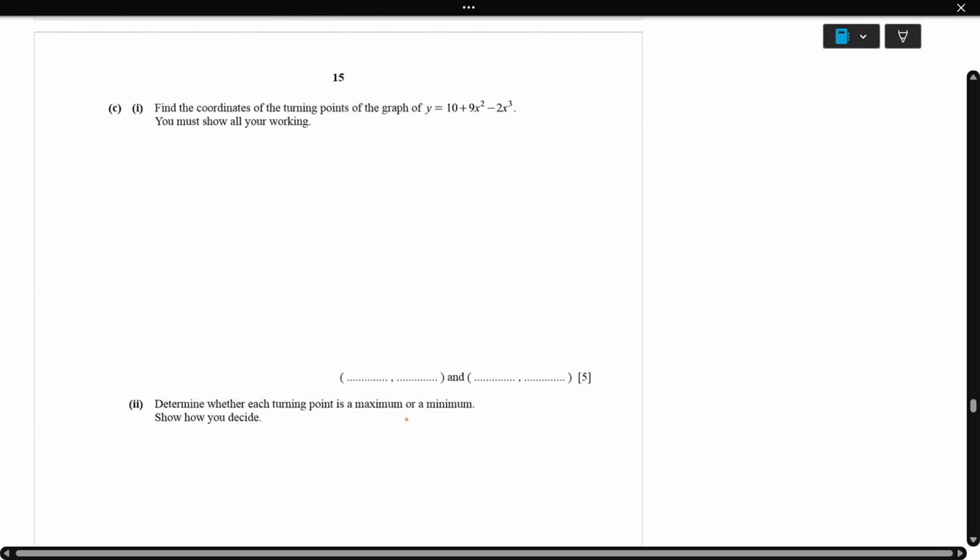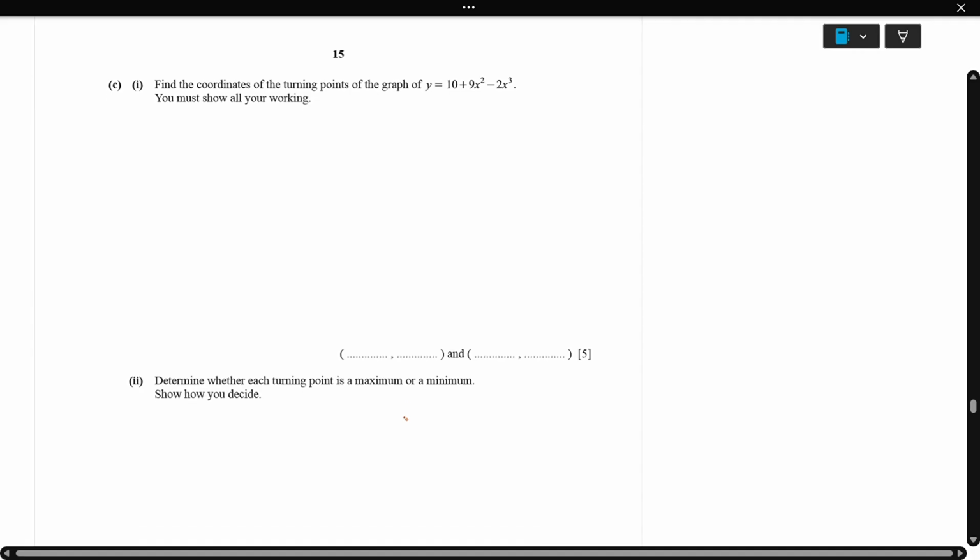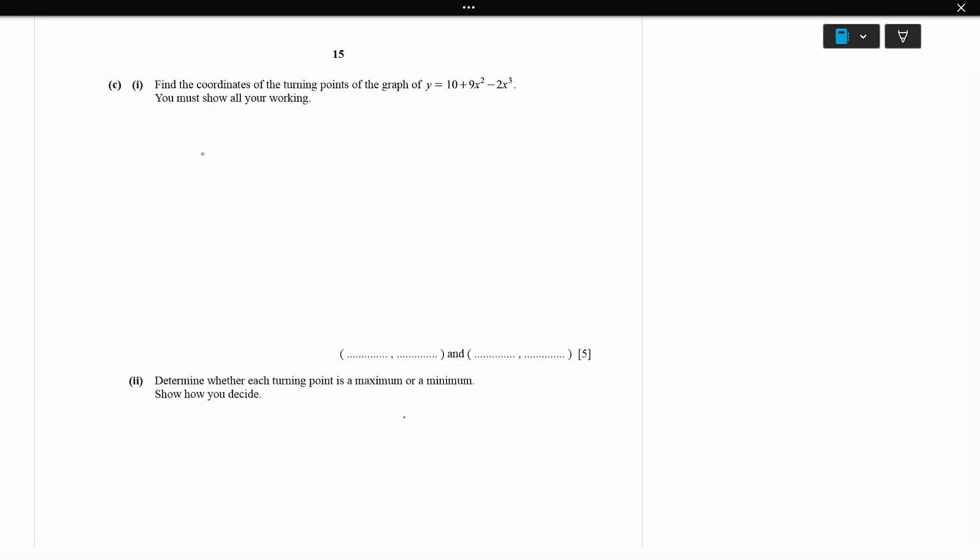Next, find the coordinates of the turning point of the graph. Okay, so the equation is given. You must show all your working. For the turning point, we need to find dy by dx. You can write dy by dx or y dash, both are the same. The constant becomes 0. So dy by dx equals 18x minus 6x squared. When we differentiate this, 2 times 9 is 18, 18x, and minus 3 times 2 is 6, 6x squared.